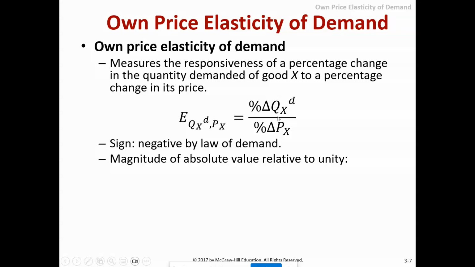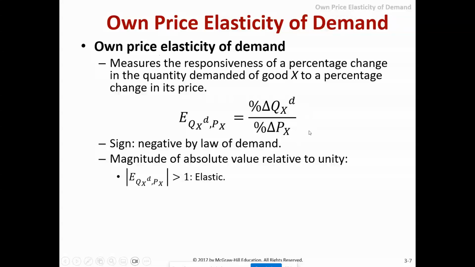And the absolute value tells us how much the quantity changes in response to a 1% change in price. If the absolute value is larger than 1, we say it is elastic: a 1% increase in price leads to more than a 1% decrease in quantity demanded.